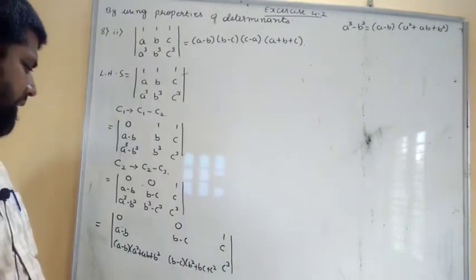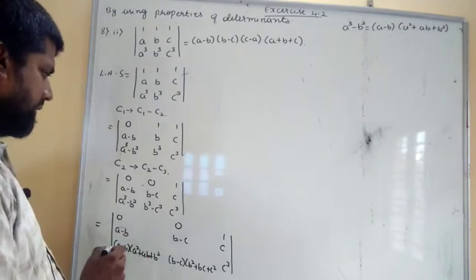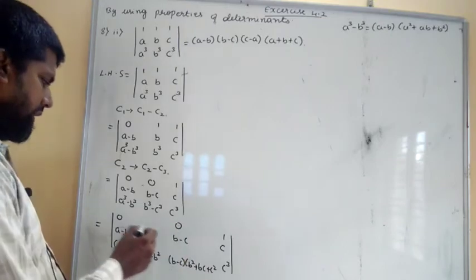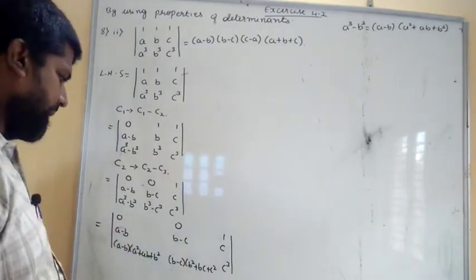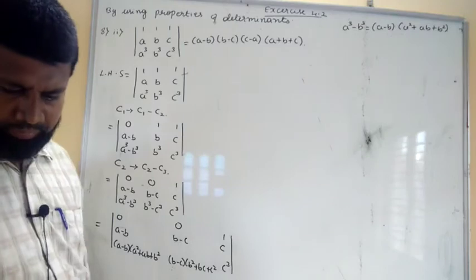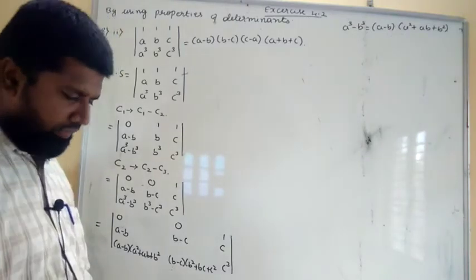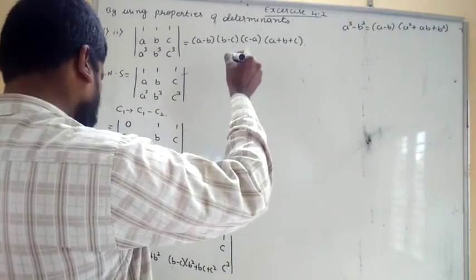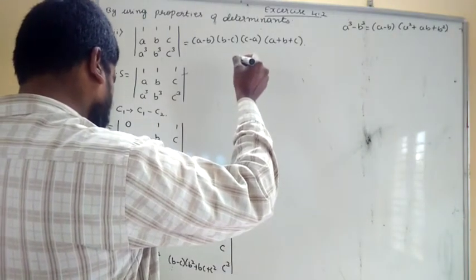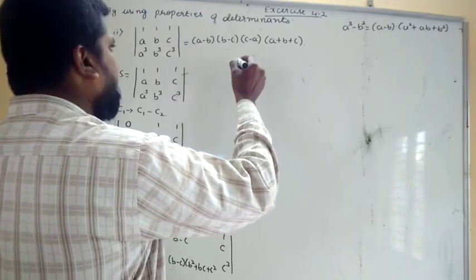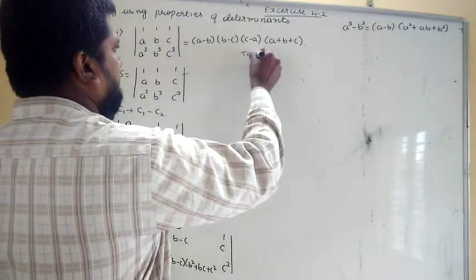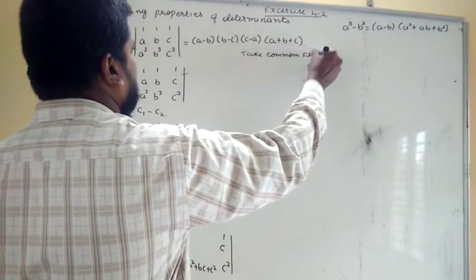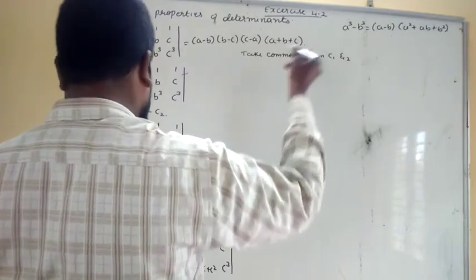So if you observe here, the first row has 0 0 1. Now in this we can take common from column 1 and column 2.